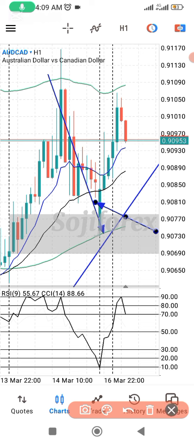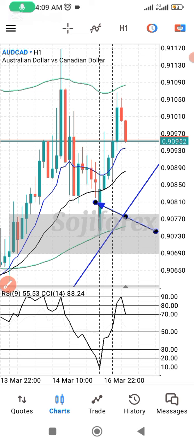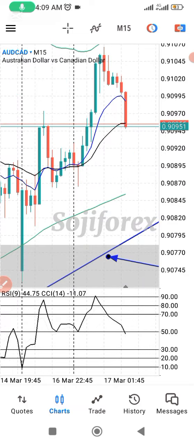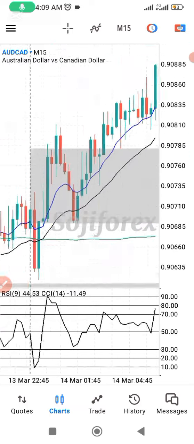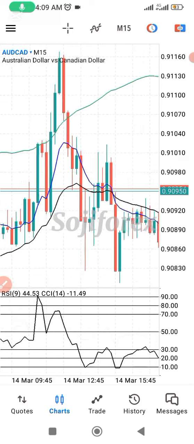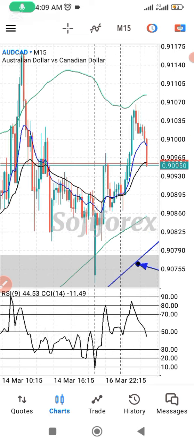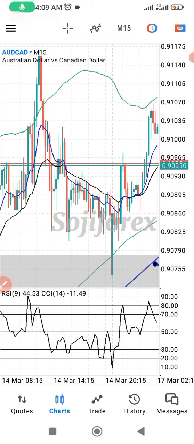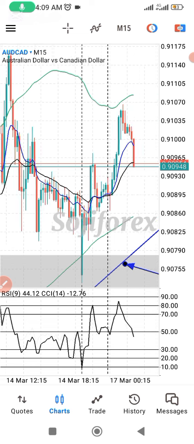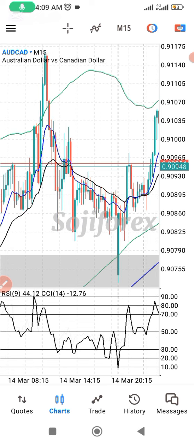Now let's go to the 15-minute time frame and see how exactly we can have this entry. Now this is a 15-minute time frame, and you can see it.